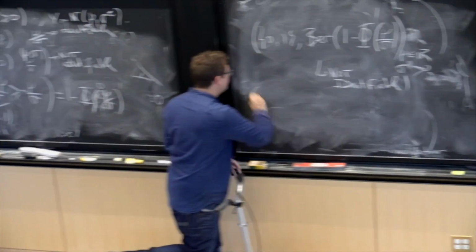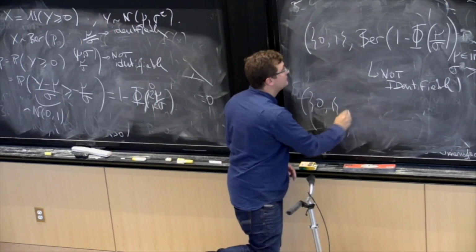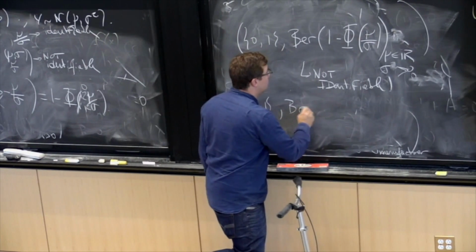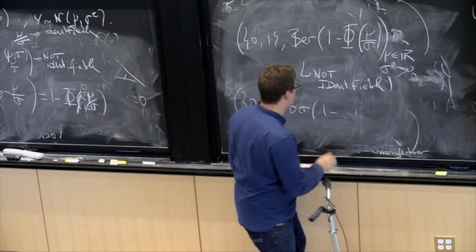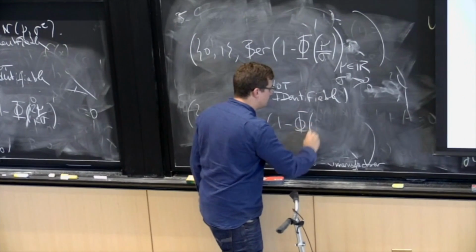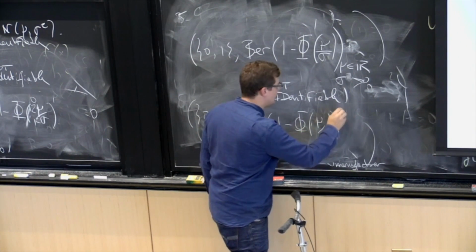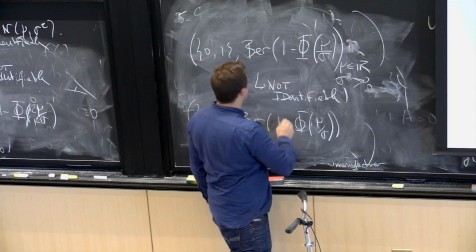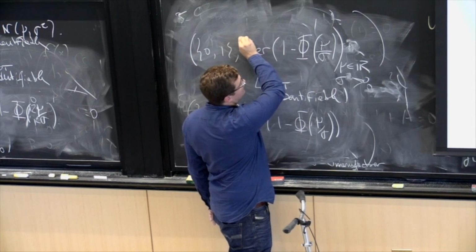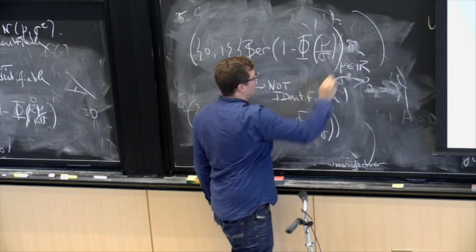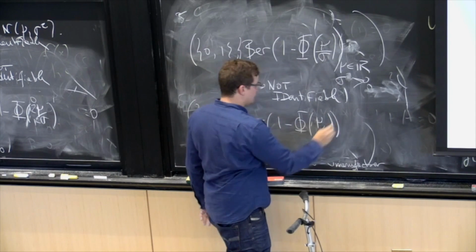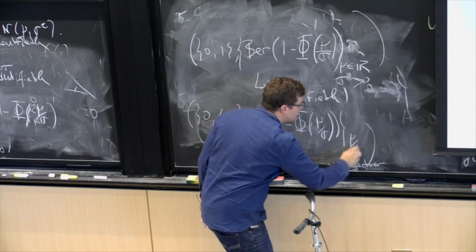Instead, what I want to write is {0, 1}, Bernoulli, 1 minus phi of, and now my parameter, yeah, I forgot this, my parameter is mu over sigma.